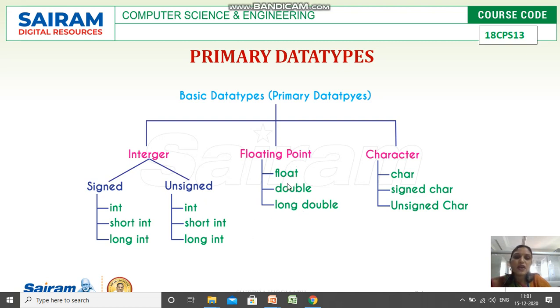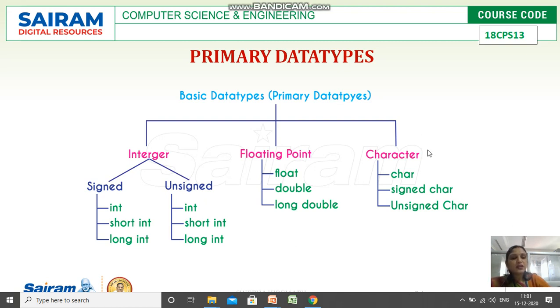Similarly, we are going to extend the space which is allocated to store that particular variable. So float, regular, double, and long double means it extends based on the values. If we want to extend the memory location size, then we use double and long double.